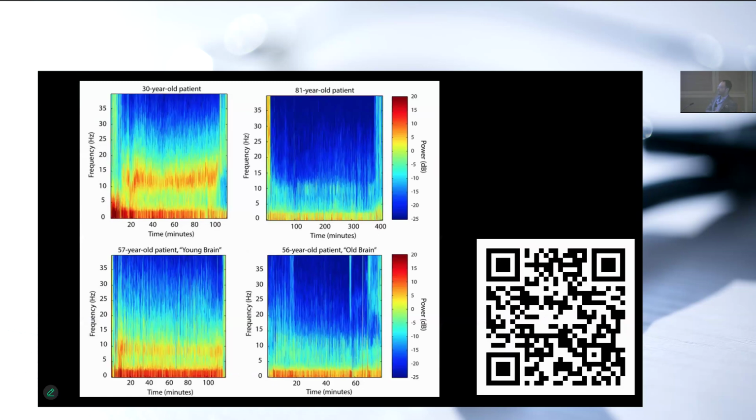What's cool about this too is that it takes you away from presumptions about the patient's risk. So for example, here's a patient who's 35 years old and normal. Under anesthesia, they have this very strong alpha band here. Here's an old patient with a very low intraoperative alpha band. This we see often. Patients who are old generally have a low alpha amplitude, but you get some patients who are young, and you get stratification between a young patient with a good brain and a young patient with a bad brain.